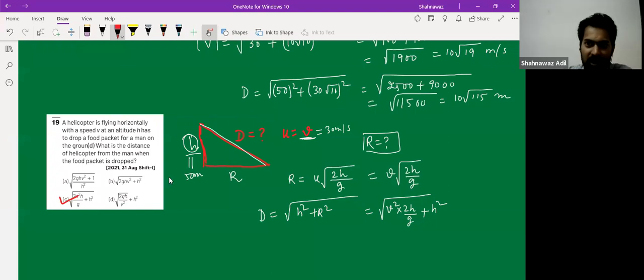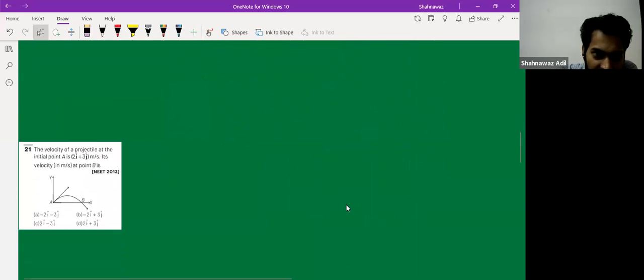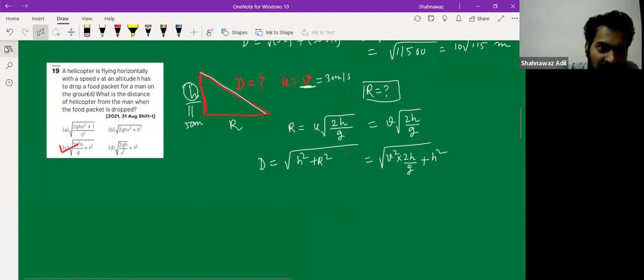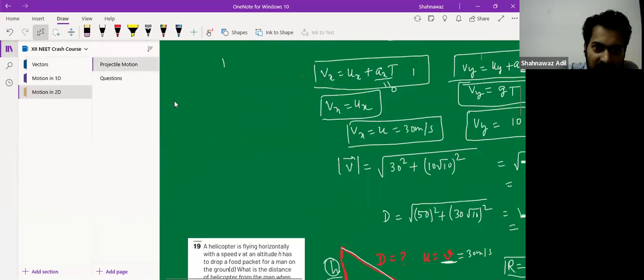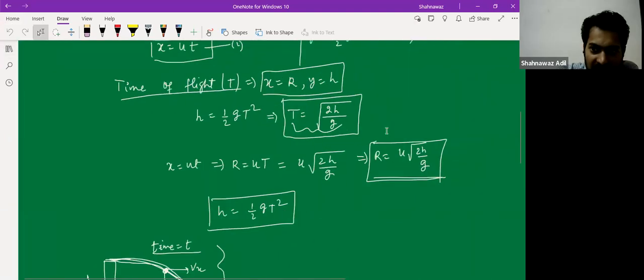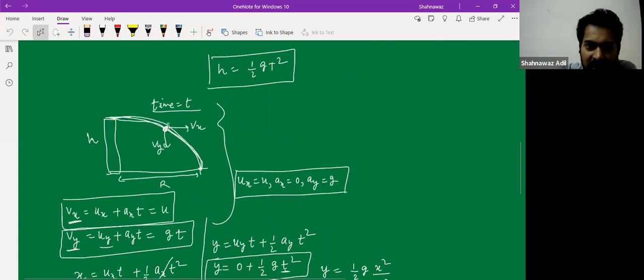Yes, sir. Okay. So we'll move on to the next question. Let me see what is the next question. Okay, so this is at some angle. So firstly, we will calculate. Let's say you have a projectile which is projected at some angle. Okay. So in these questions, it was only the horizontal velocity that it was projected with, right?